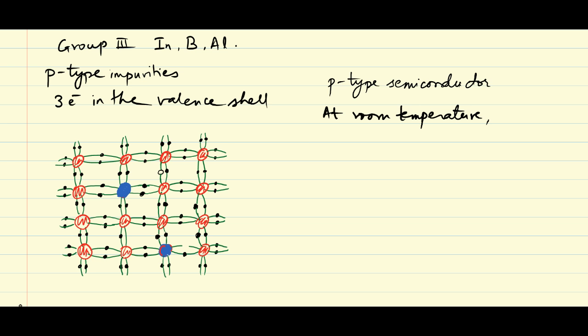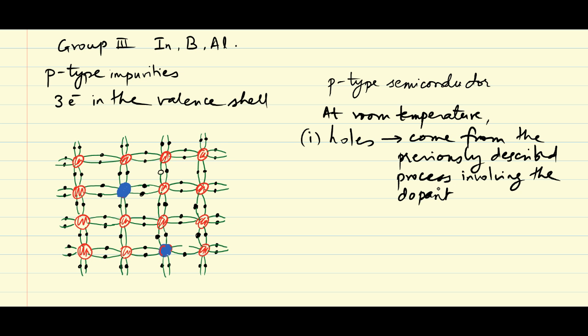At room temperature a p-type semiconductor will have, number one, freely moving holes, and these come from the process which we have just described, the process involving the dopant. And number two, the p-type semiconductor at room temperature will also have an equal number of fixed negatively charged boron ions.